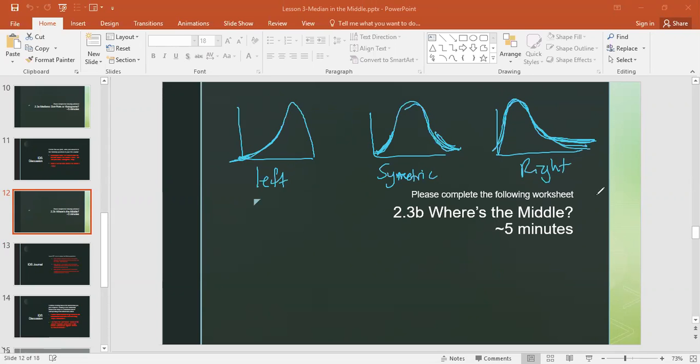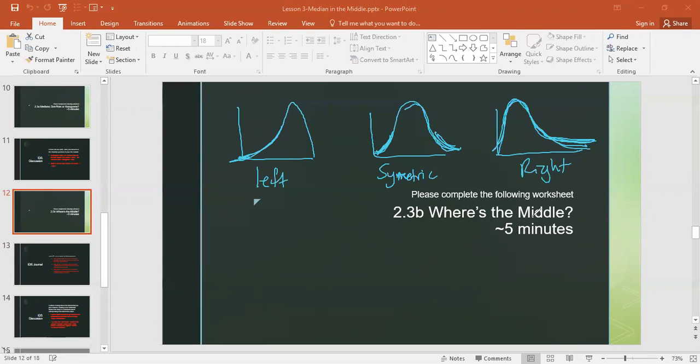So pay attention, read the first one, and understand what they're talking about. You're going to be asked which one is larger, the mean or the median, or is the mean approximately equal to the median. So you want to pay attention to that as well.